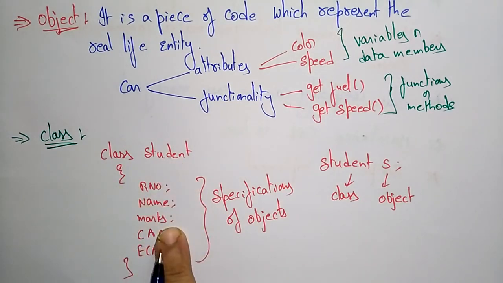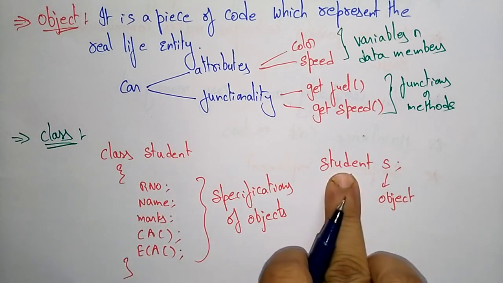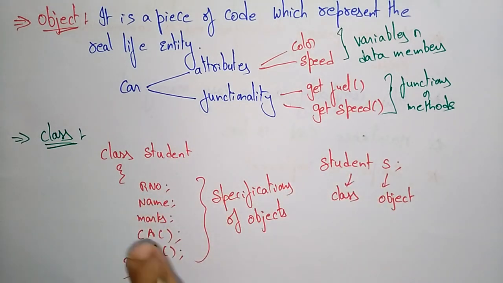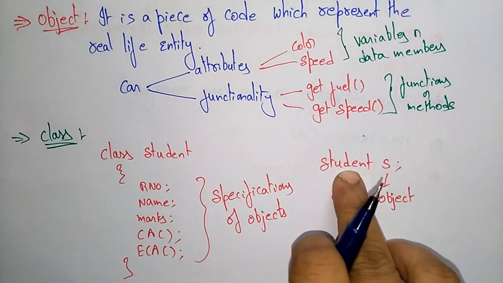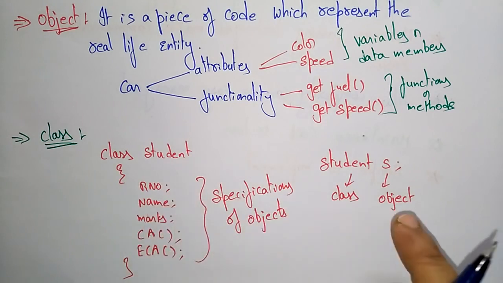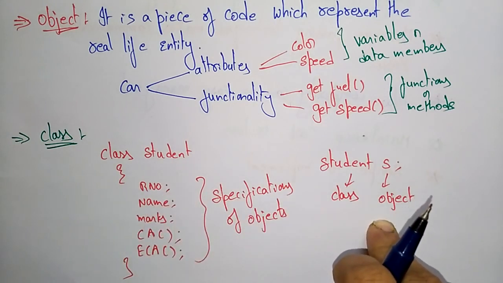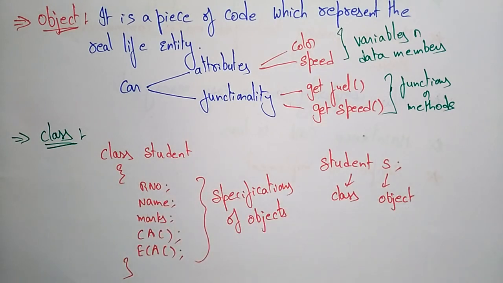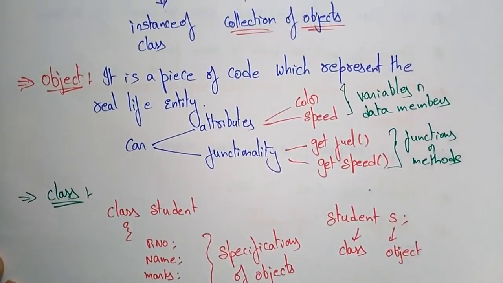Whenever you require these specifications, you just call the student class name with the object name. Then all these specifications will be placed in the object. That is a class. Let us see with an example, then you can clearly understand what is a class and what is an object.